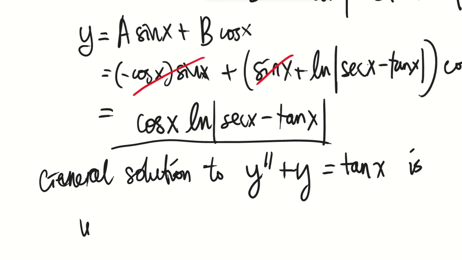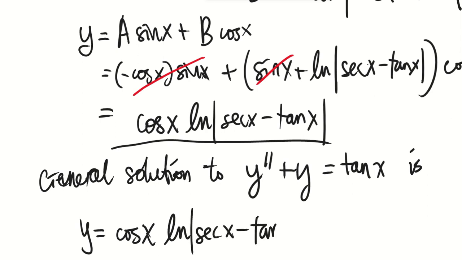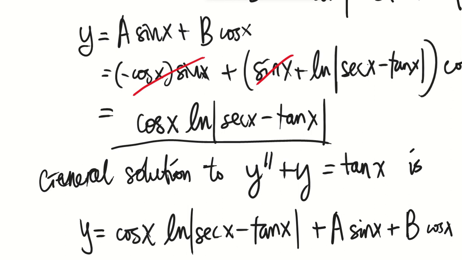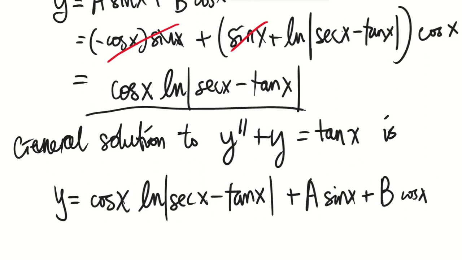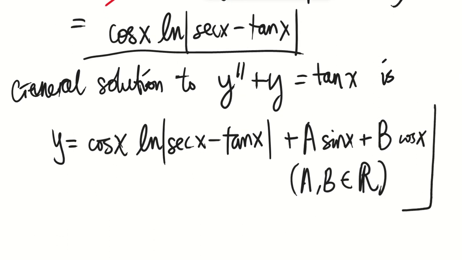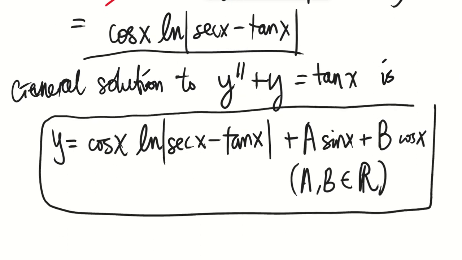It is y equals the cosine of x times natural log of secant x minus tangent x plus a sine x plus b cos x. Of course, this a and b are different from the a and b we had just now. This a and b is due to the fact that we have to add the solution to the homogeneous case. So in this case, a and b are constants. And this is the general solution.